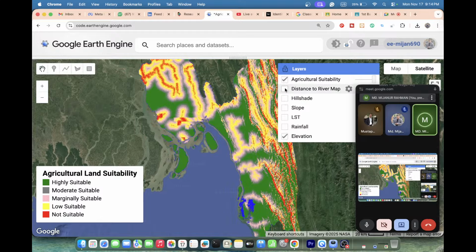Not only that, we can also use a lot of factors to identify the most suitable place for any kind of purpose. It can be agricultural land suitability, mineral potential zone suitability, urban development suitability, afforestation, water harvesting, or livestock grazing area.